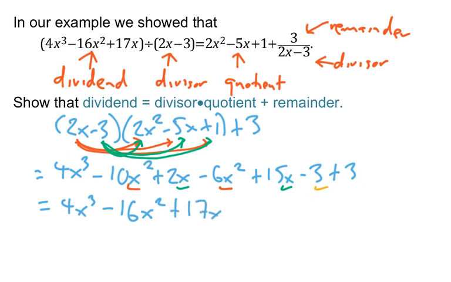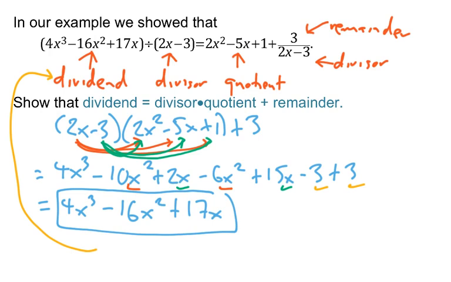And finally, these are like terms, and they combine to give me 0. So this is what I get, and lo and behold, that indeed is the dividend. So the divisor times the quotient plus the remainder is the dividend, and our result checks.